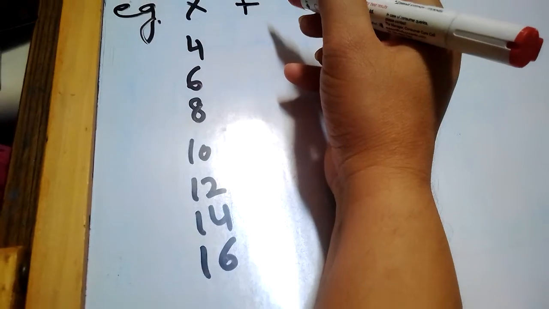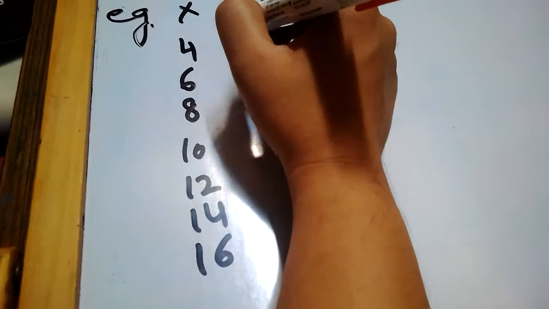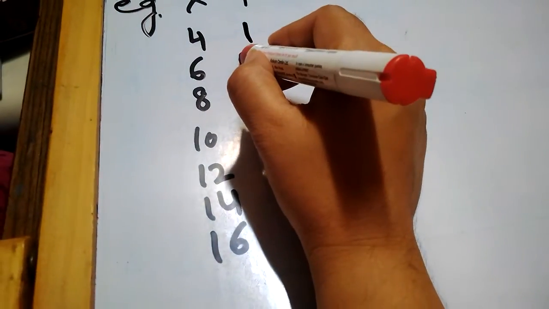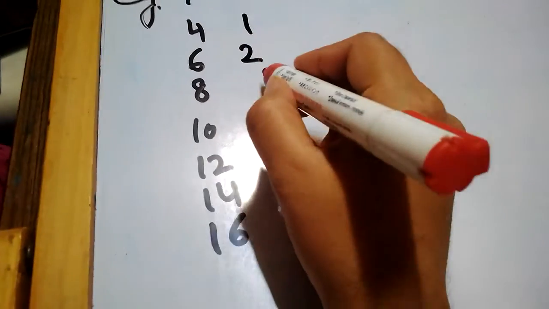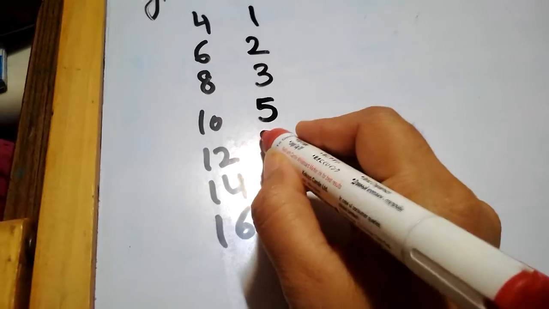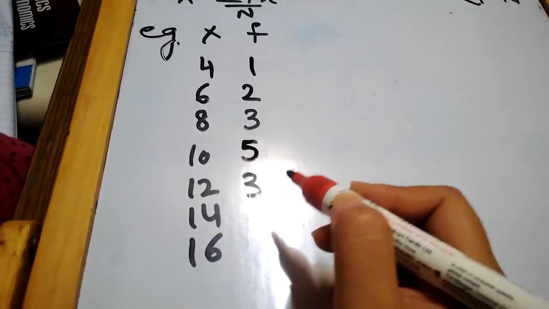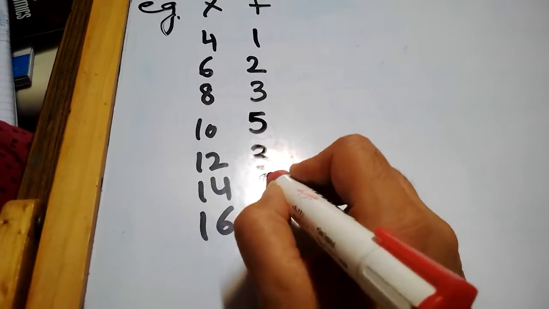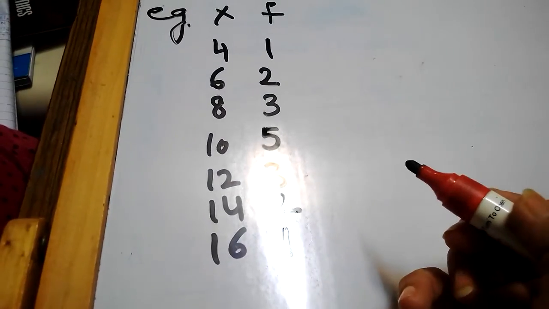On the other side, the frequencies given are 1, 2, 3, 5, 3, 2 and 1, suppose.